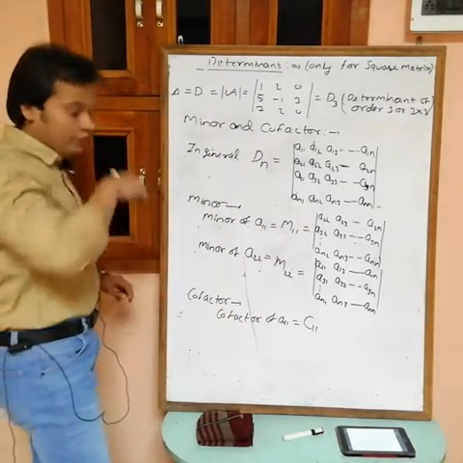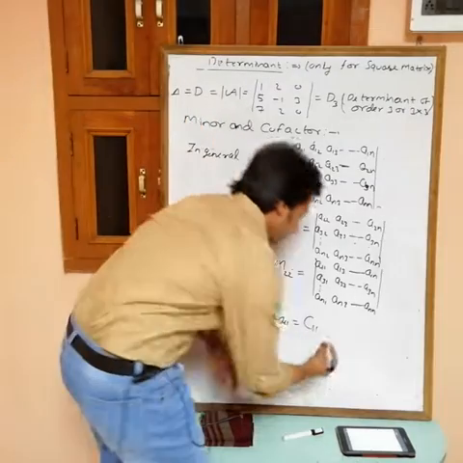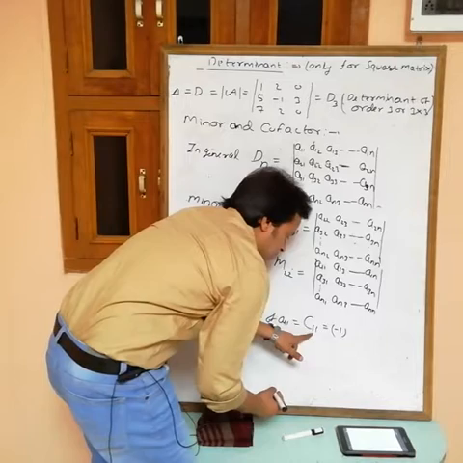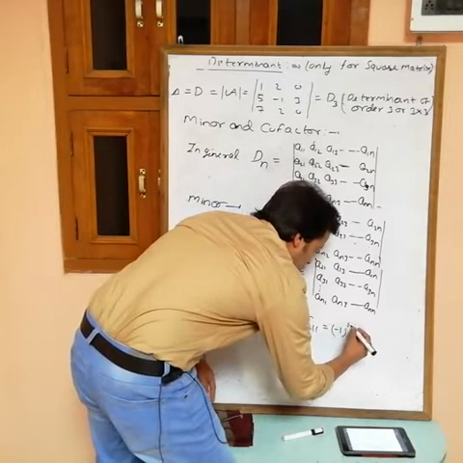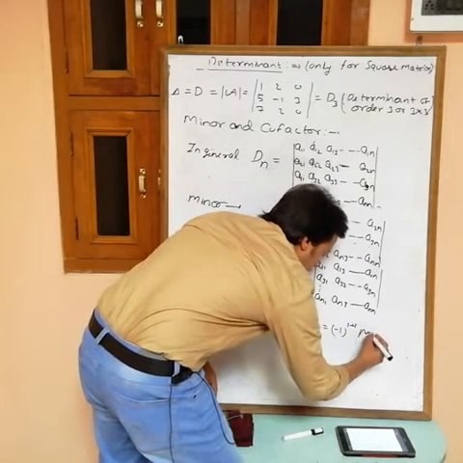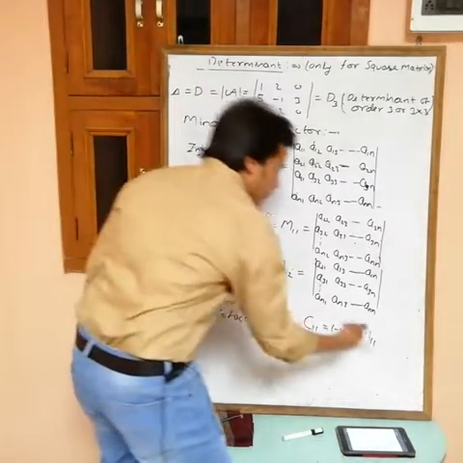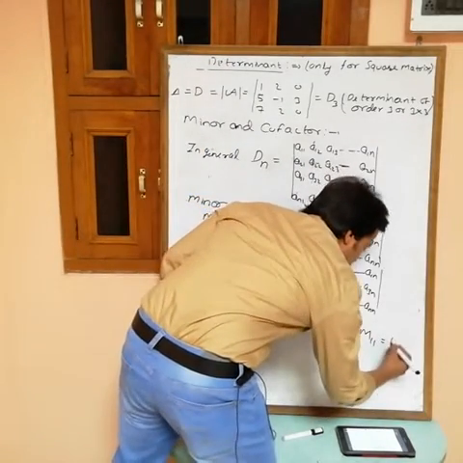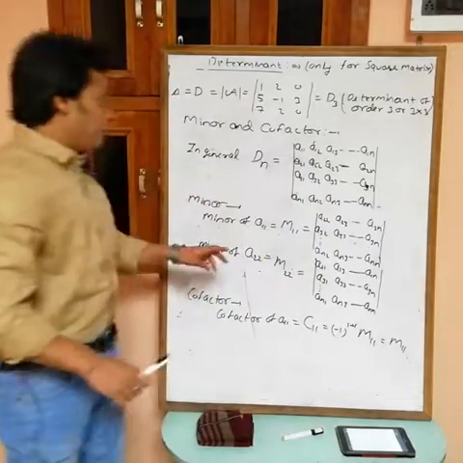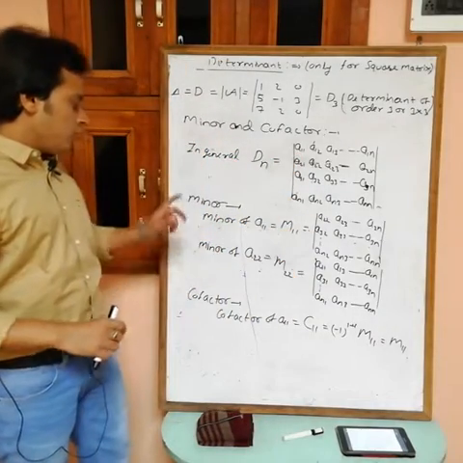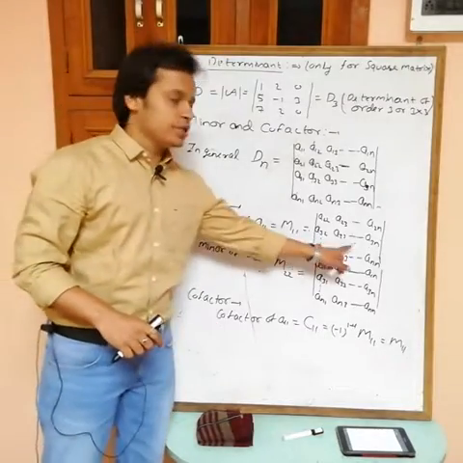C for cofactor. The cofactor of A11 is equal to minus 1 power 1 plus 1 times M11. Minus 1 power 2 is plus 1, so M11. So for A11 the minor and cofactor are the same, so the cofactor of A11 is as it is.